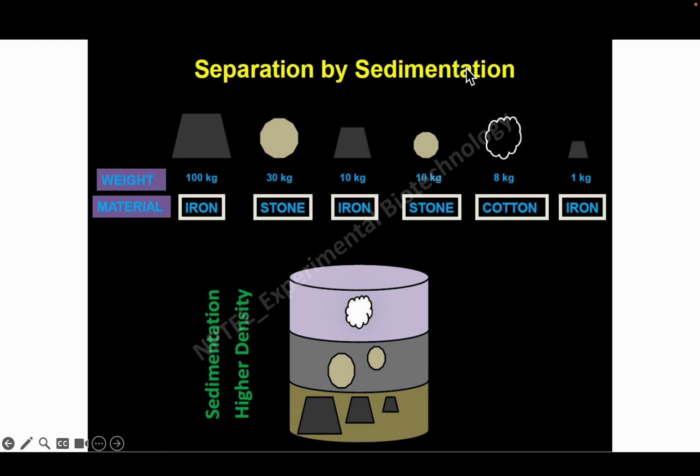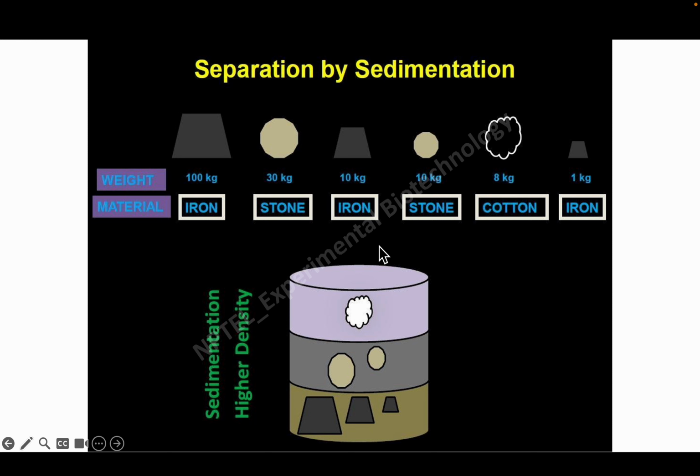Now separation by sedimentation. You have some materials: iron, stone, cotton, like that, and their weights are different, 100 kg, 30 kg, 10 kg, 8 kg, 1 kg, and so on. So the separation will be based on the weight. Also, this separation will be based on the density, with higher density sedimenting lower.